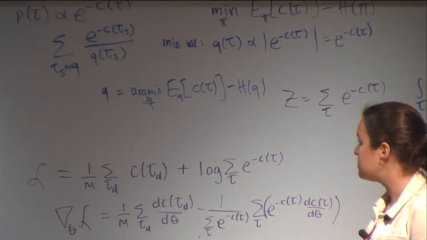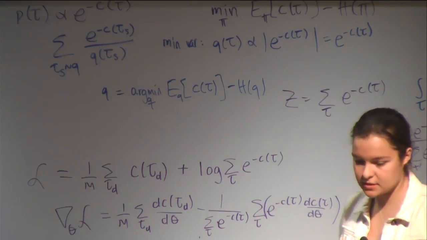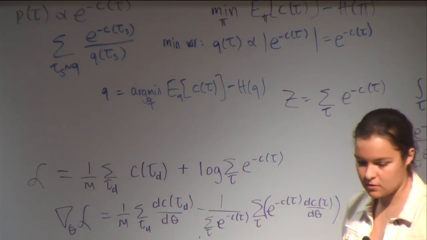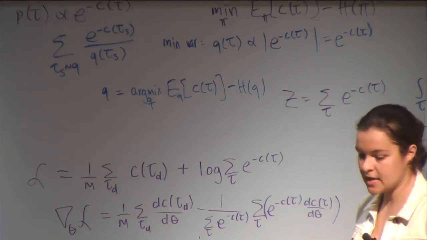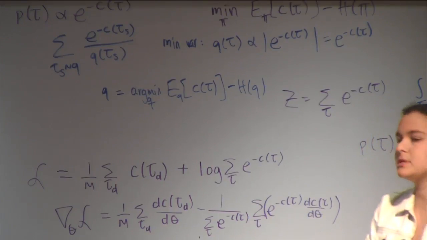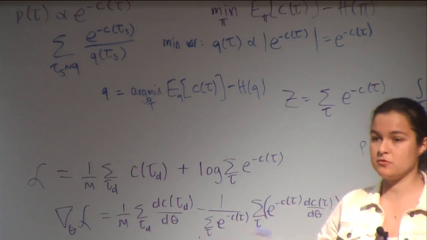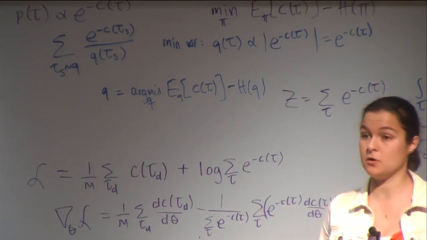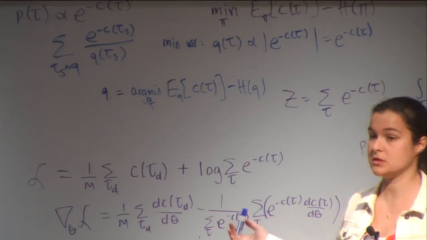And then the last thing that I'll write on the board is that if we're going to be adaptively updating q, we don't want to throw away all of our old samples from all of the old q's when we're computing this objective.